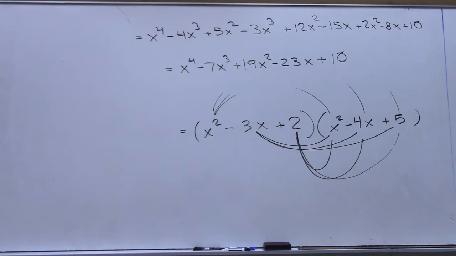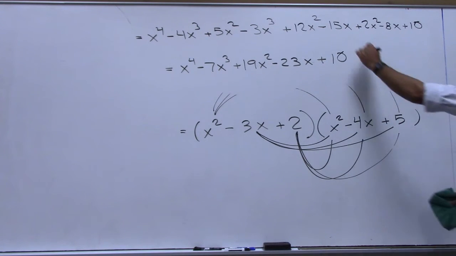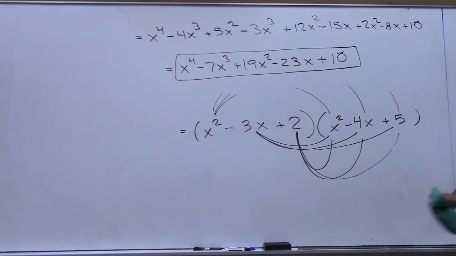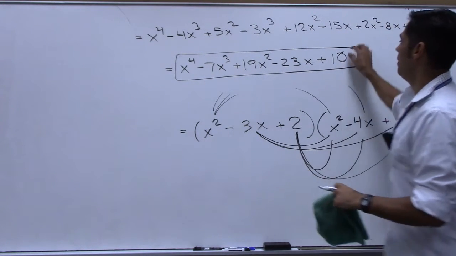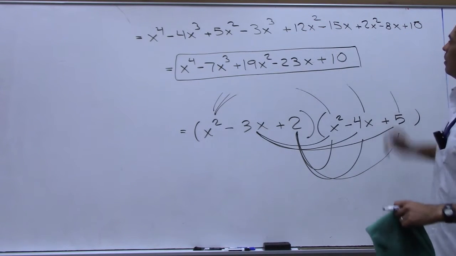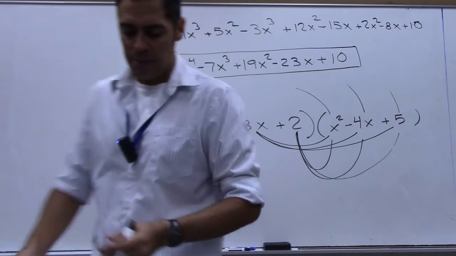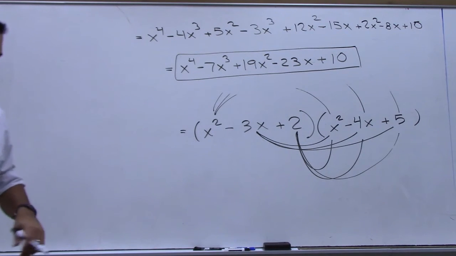Like some other confirmations? That's it. We found a 4th degree polynomial that had the zeros that were given to us. Remember, in the very beginning, it said find a 4th degree polynomial that has these zeros.